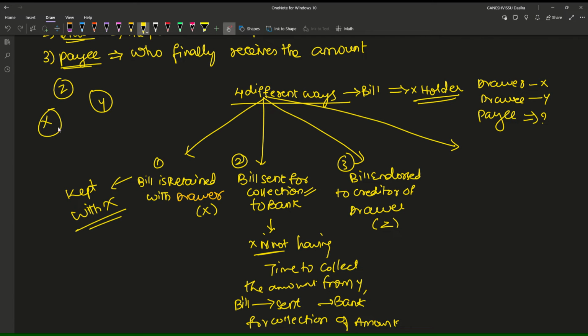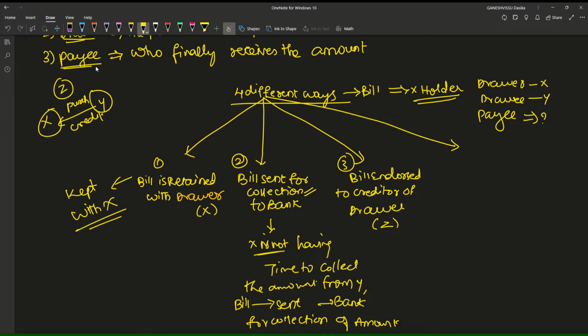What happened? We know that X has sold the goods to Y, right? That means Y made a purchase from X, and this is a purchase made on credit. That is why the relationship between X and Y is debtor and creditor. Don't think about drawer and drawee now.